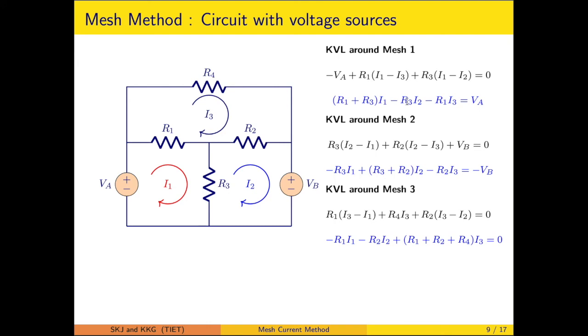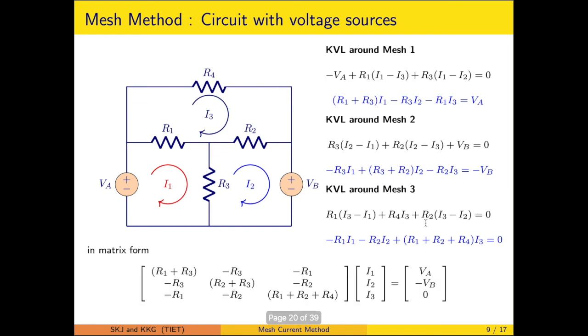These blue colored equations are the rearranged form of the equations. We can write them in matrix form, and this matrix form is a general arrangement. Each equation is represented by one row multiplied by a column vector.